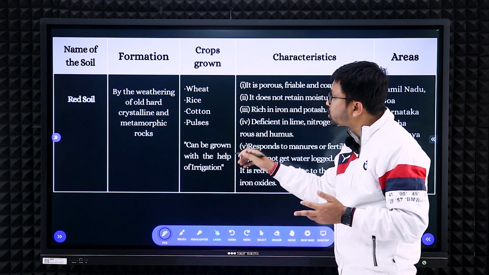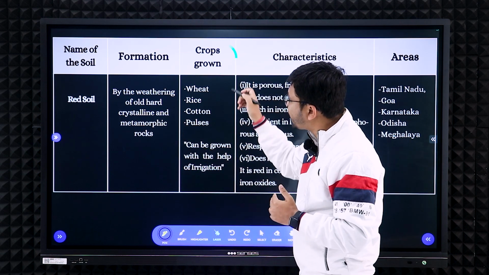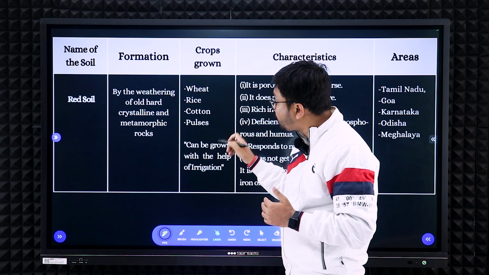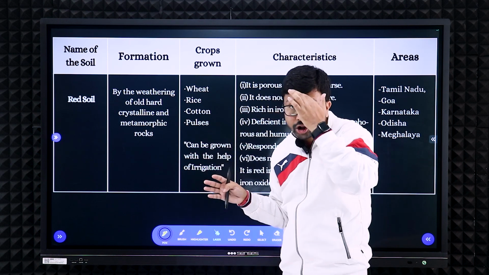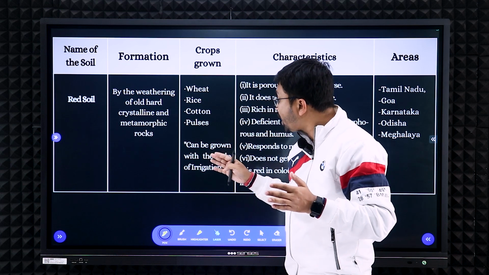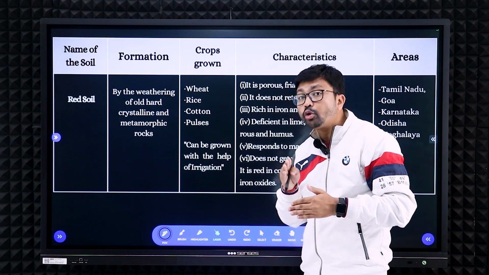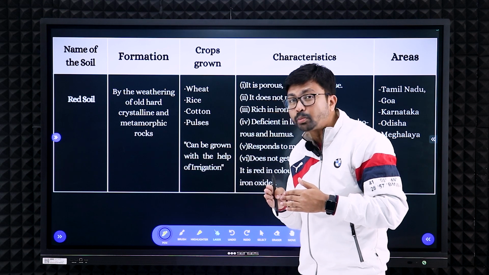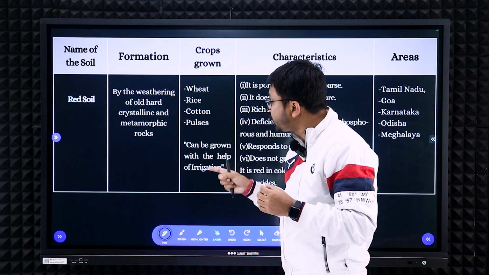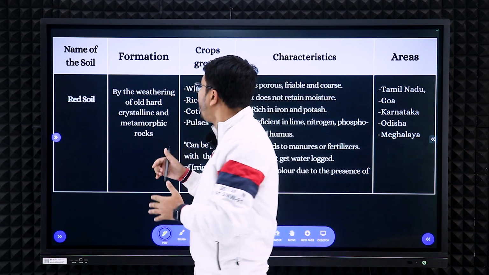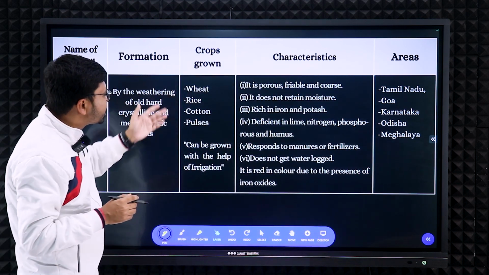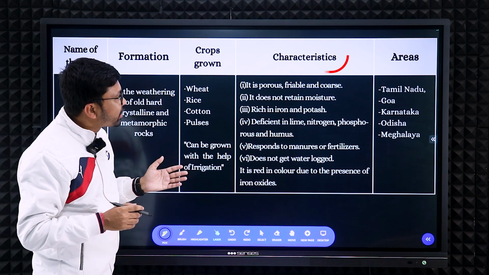Crops produced in that area are wheat, rice, cotton, pulses. But remember, here the water is less and this soil is not water retentive. So we need to keep irrigation facilities. With irrigation, this soil is able to grow wheat, rice, cotton and pulses.